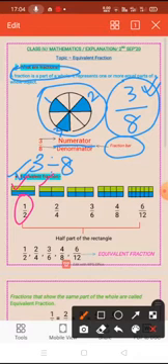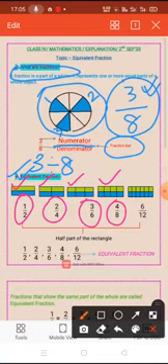In the second rectangle, the fraction for the green shaded region is 2/4, as 2 out of a total of 4 parts are colored in green. In a similar way, in the third rectangle, the fraction for the green shaded region is 3/6, in the fourth rectangle it is 4 by 8, and in the last rectangle it is 6 by 12. You can see the values of these fractions look different, isn't it?